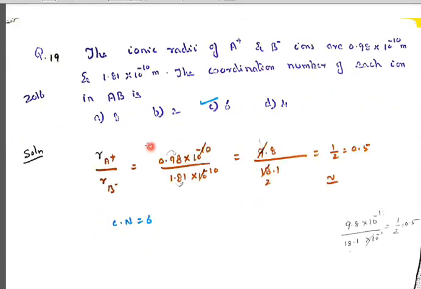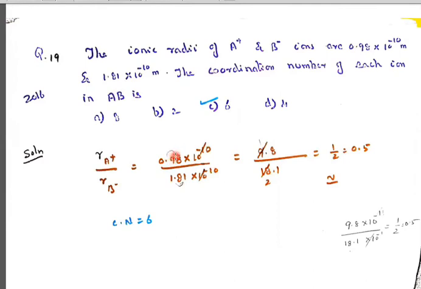Next, 19th question. The ionic radii of A plus and B minus ions, cation and anion, are 0.98 into 10 to the power of minus 10 meter and 1.81 into 10 to the power of minus 10 meter. The coordination number of each ion in AB is? So the radius ratio of the cation and the anion is 0.98 into 10 to the power of minus 10 divided by 1.81 into 10 to the power of minus 10.